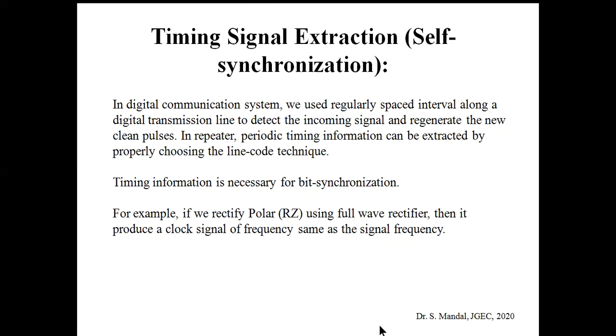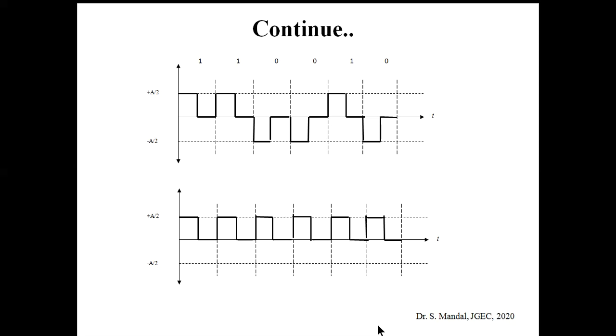Let's see here. You can see that for bit pattern 110010, in the corresponding polar RZ, 1 is represented by a half-width positive rectangular pulse, and 0 is represented by a half-width negative rectangular pulse. As the value returns to 0, we call it RZ.